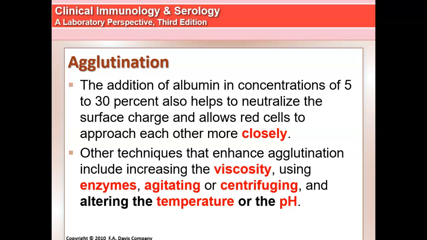Agitating, so shaking the tubes just a little bit, or centrifuging to spin everything down to the bottom of the tube to encourage agglutination. Also altering the temperature or the pH, because we're going to learn that some antibodies prefer to react at body temperature at 37 degrees Celsius or 98.6 degrees Fahrenheit, and some prefer cool temperatures, either room temp or even 4 degrees Celsius.